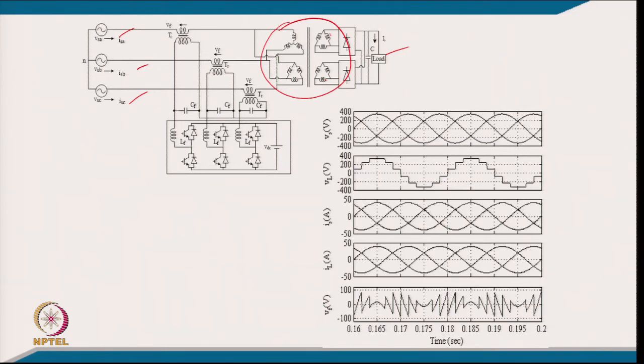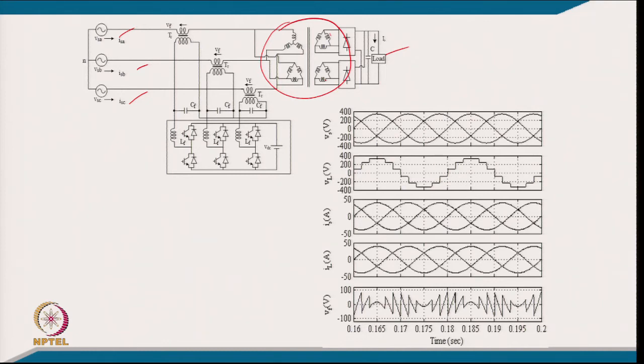The input voltage will be a kind of step waveform when we are forcing all 3 phases, similar to a 12 pulse converter voltage.